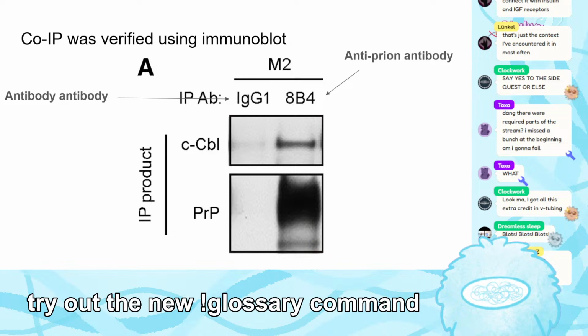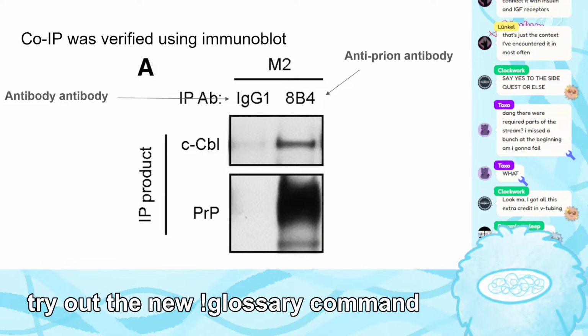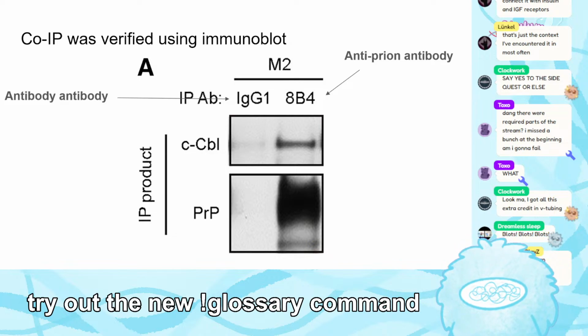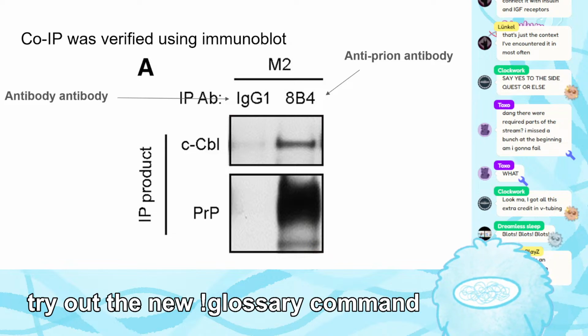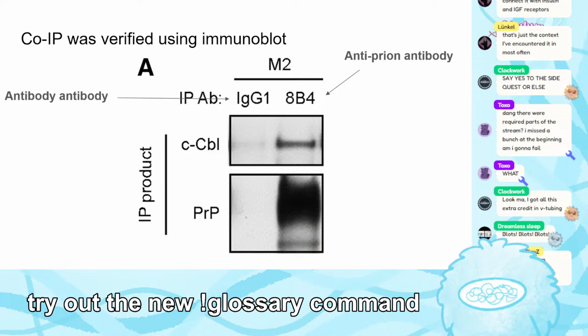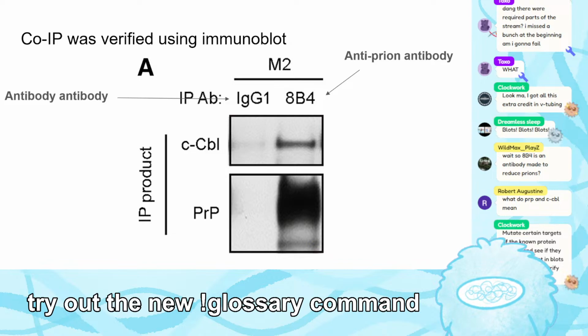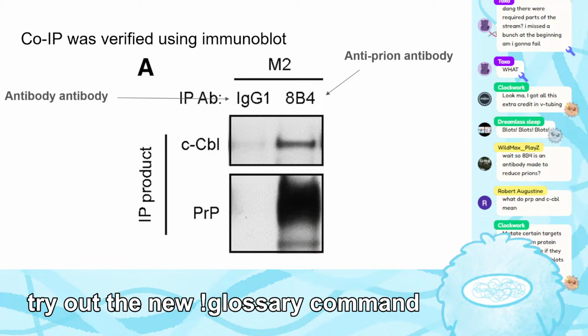So the 8B4 is an antibody made to reduce prions? No, it's an antibody that's used to bind prions, right? So there are medicines that involve using antibodies to block or stop a protein from doing some bad function, but this is an experimental, by experimental I mean used for research, antibody that is used to bind prions, so identify whether or not a prion is there.